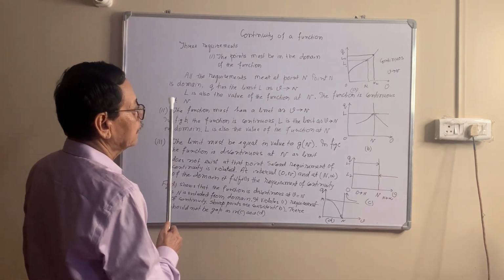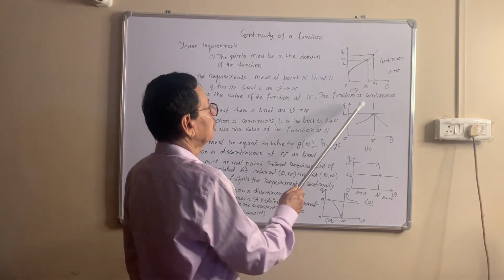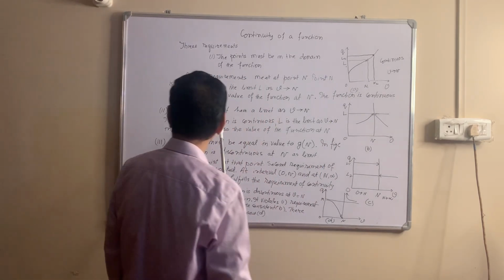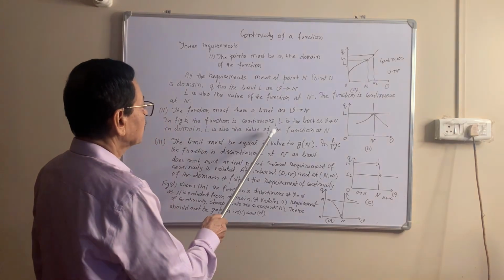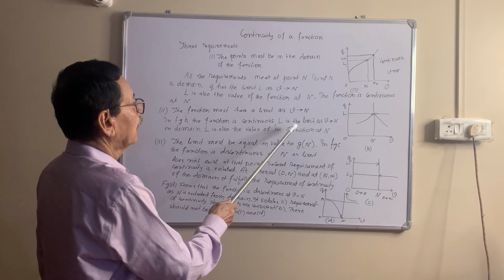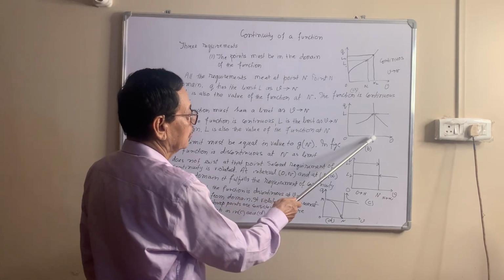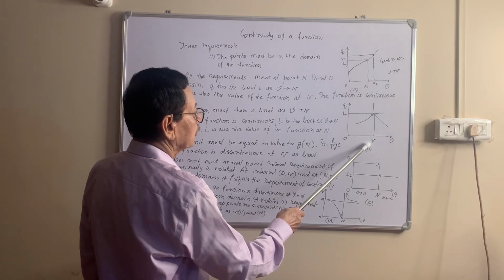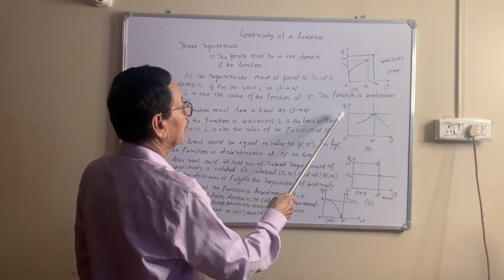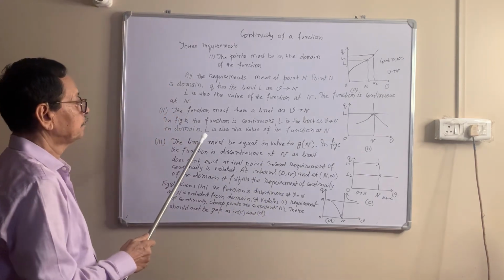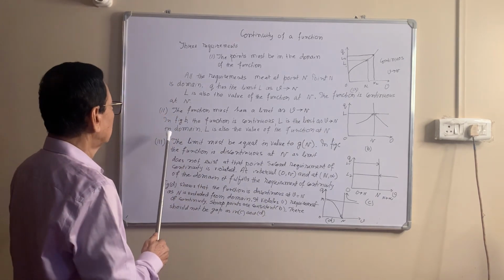In figure B, now coming to figure B, the function is continuous. L is the limit as V tends to N. So when V tends to N, L is the limit. That is the limit in the domain.